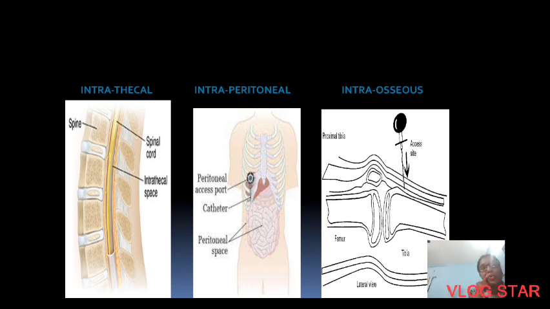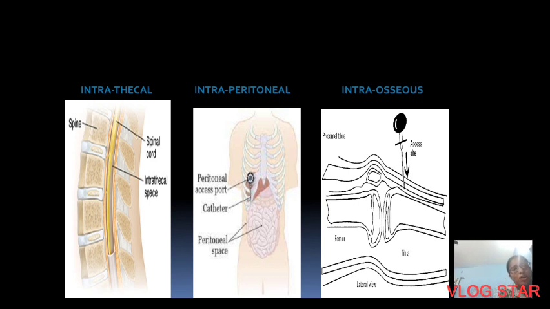And the intraperitoneal route. The peritoneum is the space inside the abdomen, and this peritoneal space has a larger surface area, so it is easy for absorption of drugs. Basically it is used in infants in order to achieve faster absorption, to give IV fluids and glucose.